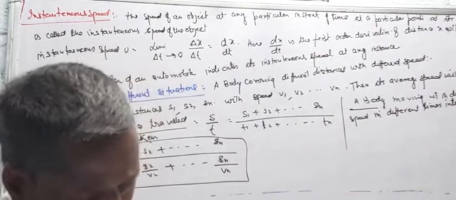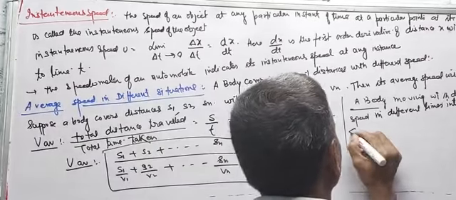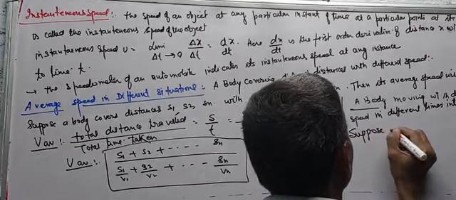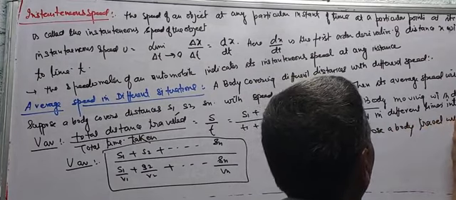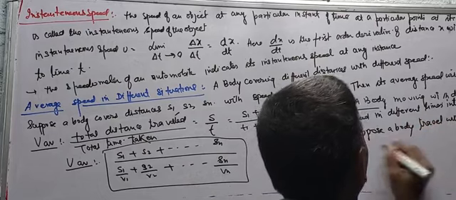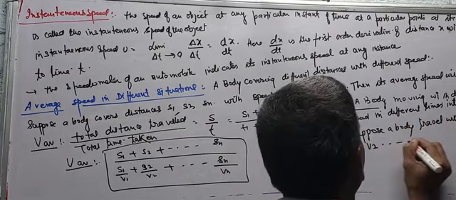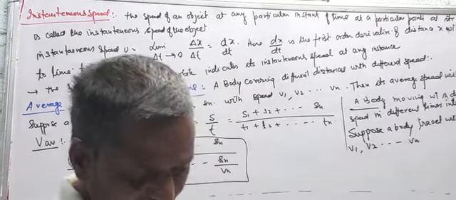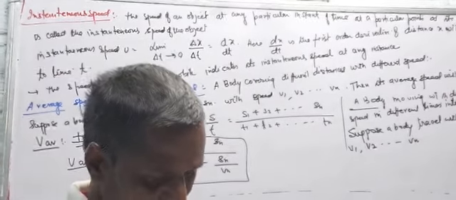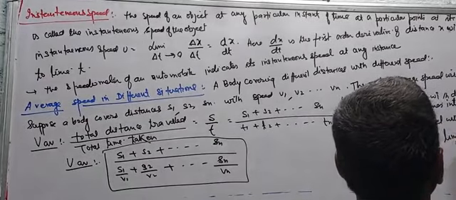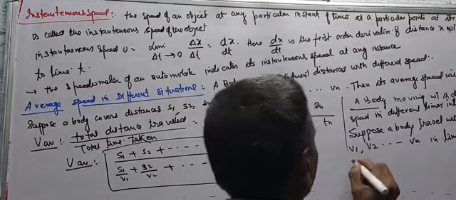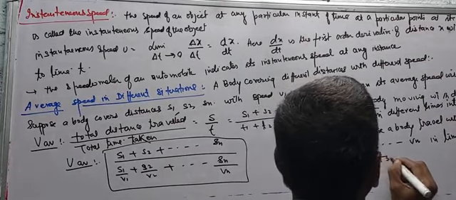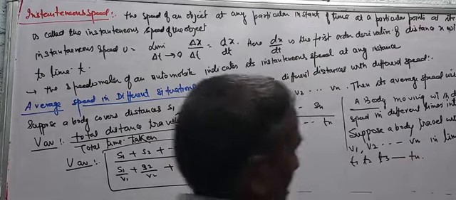Suppose a body travels with speeds v1, v2, ... vn in time intervals t1, t2, t3, ... tn.